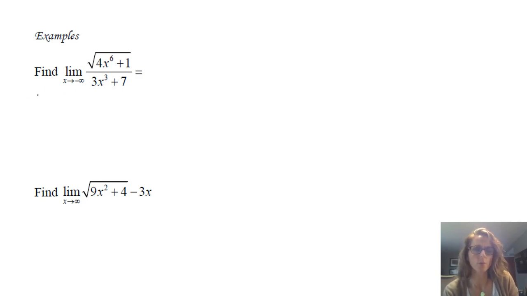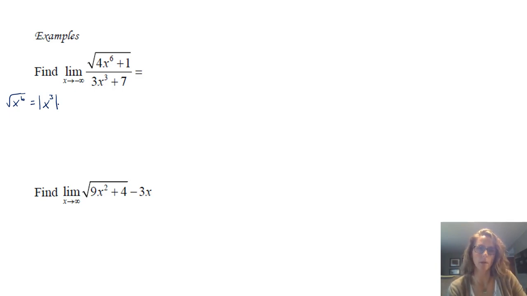So the first one has a square root in it, and what I really want you to see is that the square root of x to the sixth is the absolute value of x cubed. So I want you to notice that there is that absolute value there, because it does mean that the numerator and denominator are not exactly the same.